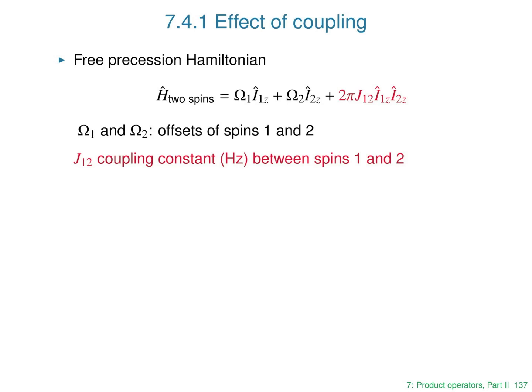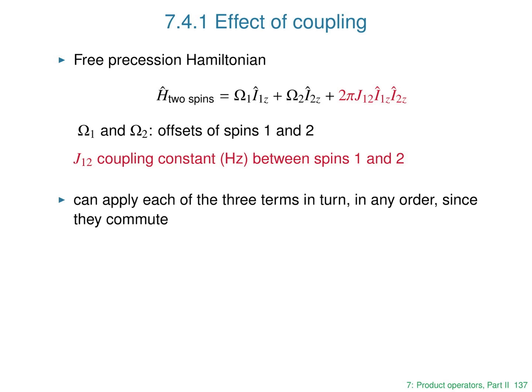Now, if we're going to consider the evolution under free precession, we have to consider the effect of each of these three terms in turn. The offset of spin 1, the offset of spin 2, and then the coupling. Fortunately, these terms commute, as that says in quantum mechanics, which means that you can apply them in any order you like. You can do the offset and then the coupling, or the coupling and then the offset. It doesn't make any difference, but you do have to consider each term in sequence.